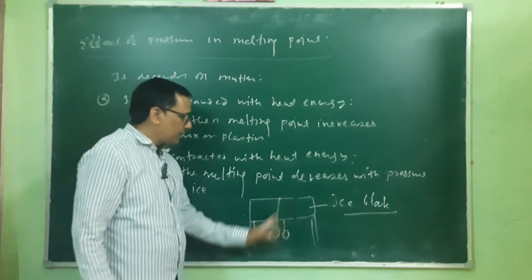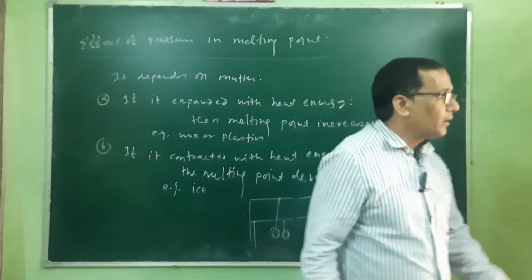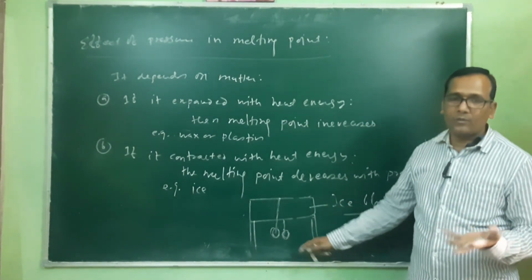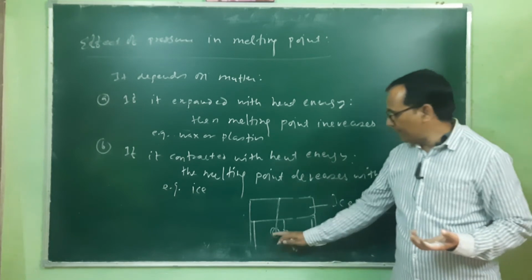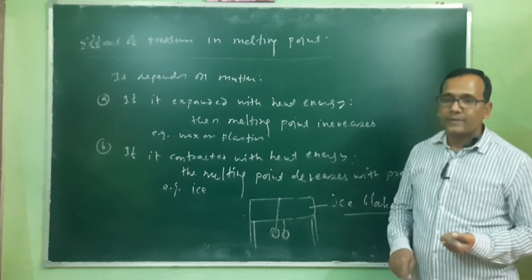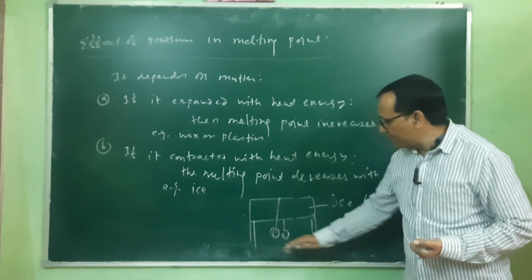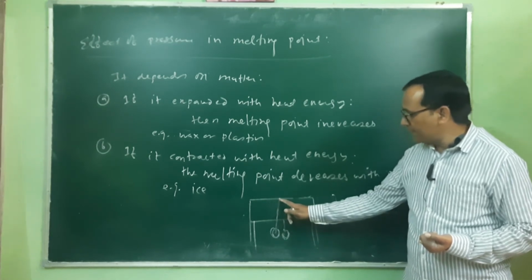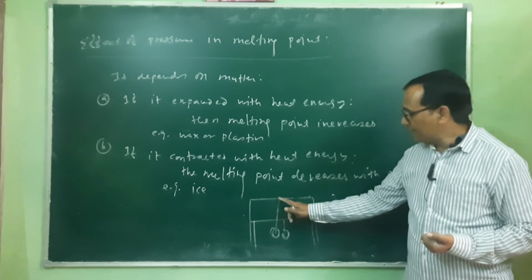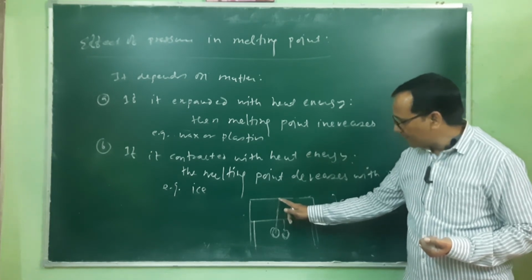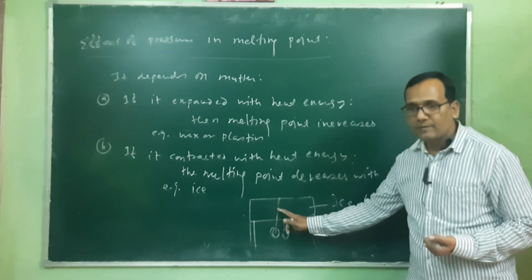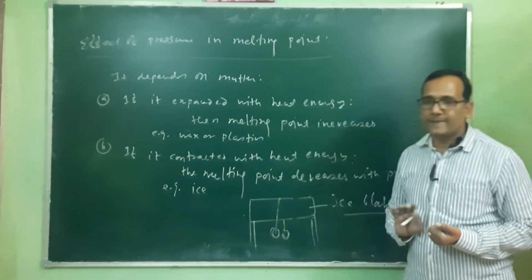We hang heavy weights, about 5 kg, 10 kg each, joined with the string, and when we release it, this will increase the pressure on this side and start melting, and after some instant of time, this particular wire will cross from this side.